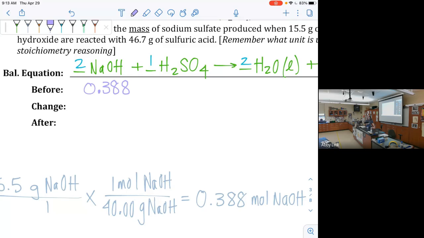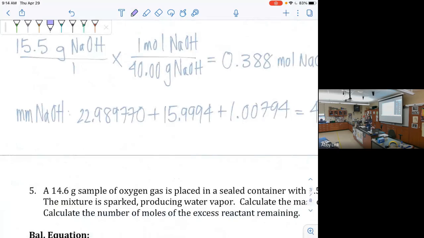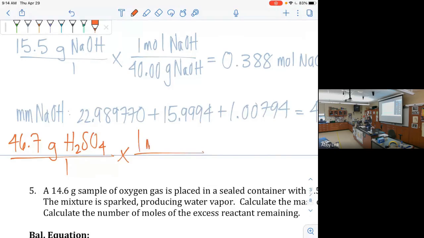All right, so they give us 46.7 grams of the sulfuric acid. So we have to convert that to moles. 46.7 grams of H2SO4, 1 mole H2SO4 over grams of H2SO4. Friends, I'm just going to give you the molar mass of H2SO4 just for the sake of time right now. Okay, 98.08 is our molar mass.